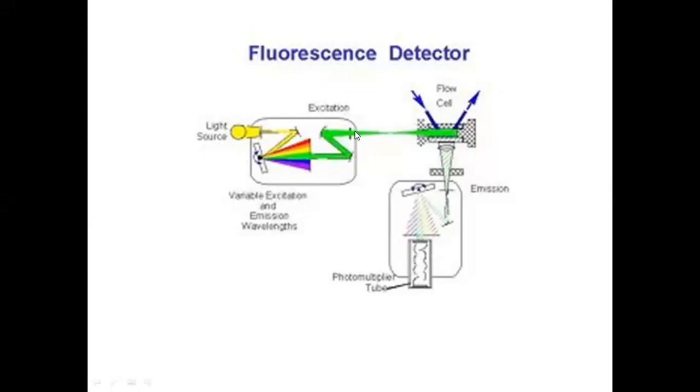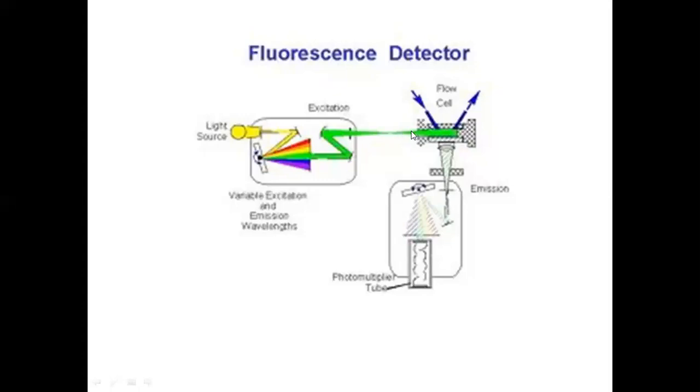So a beam of light radiation, here it is represented by green color. Assume green color light radiation is used here, and this light radiation is going to be incident on the solute molecules which are moving through the flow cell.